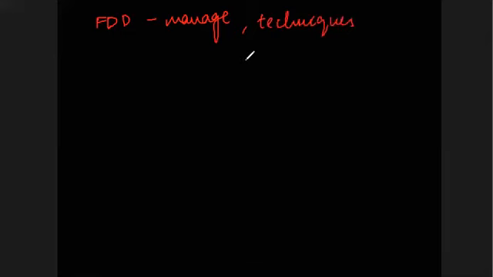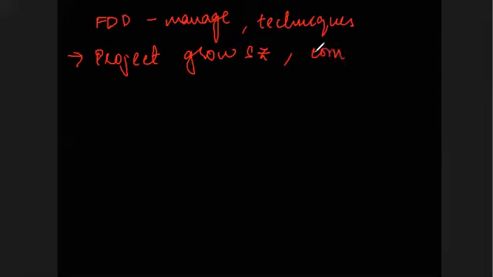Now in here, we have already discussed that FDD has a greater focus upon how you're going to manage a particular project and what the different techniques are that are used to build a particular software. Now, if the project is going to grow in size, that is, if the project is very large, as the project is growing in size, the complexity of the project is also going to increase.